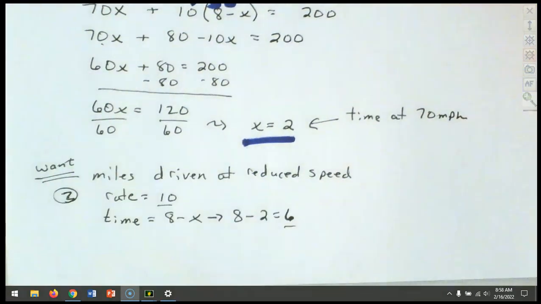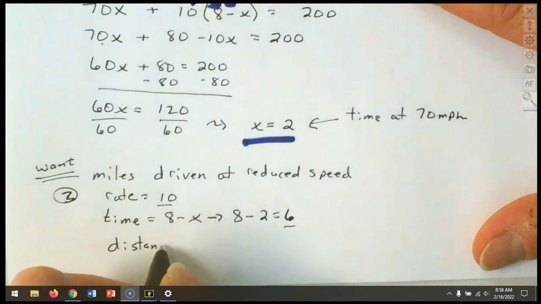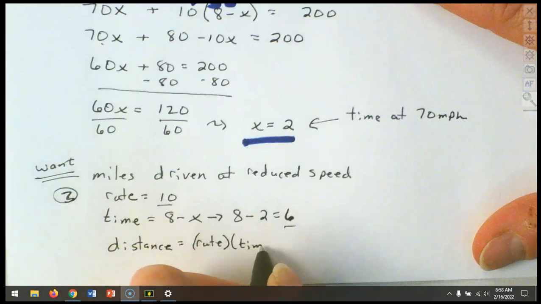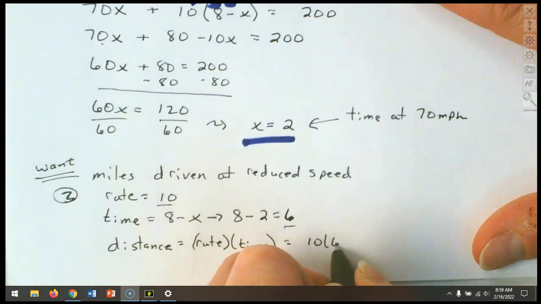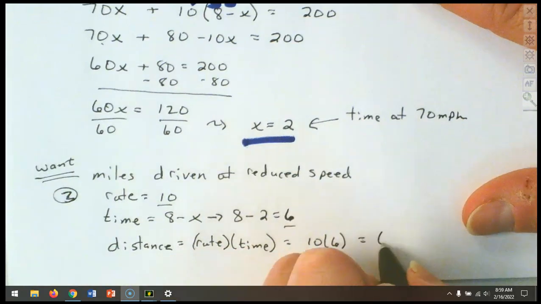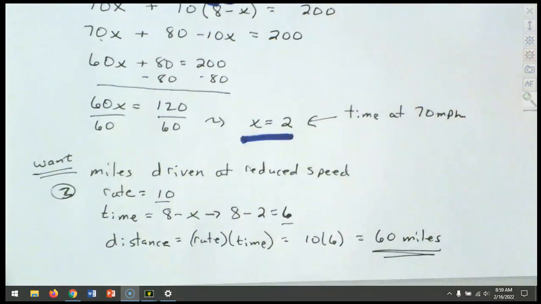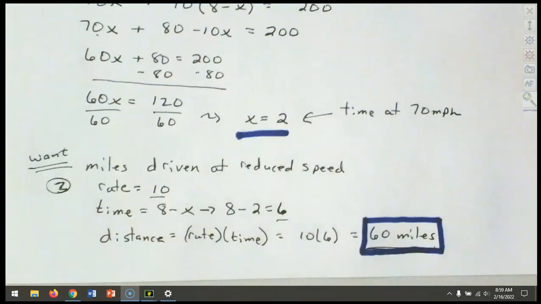Now we need to finish this problem out. How do we find our distance? Distance is rate times time, and that is 10 times 6, which is now 60. So that's what we want for a final answer. So we drove 60 miles in this accident.